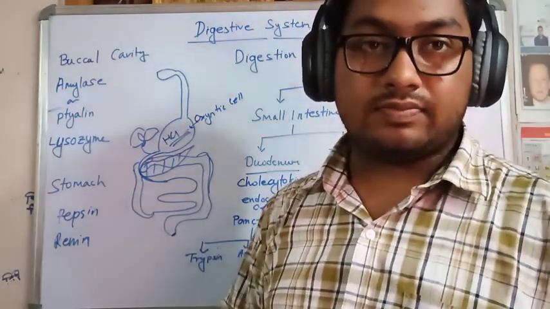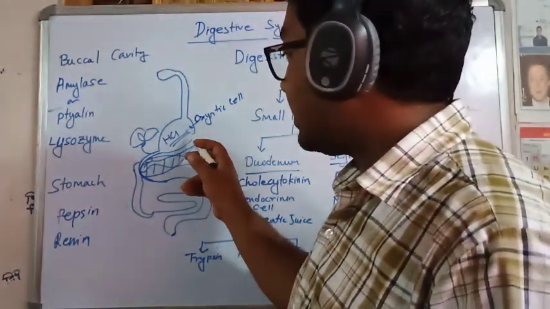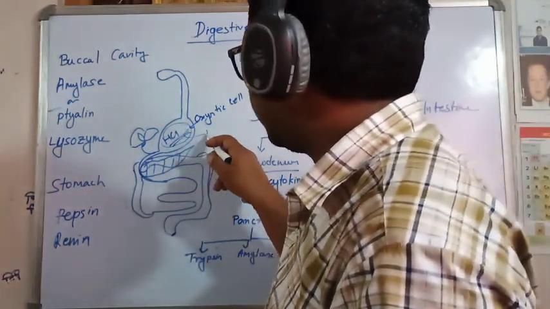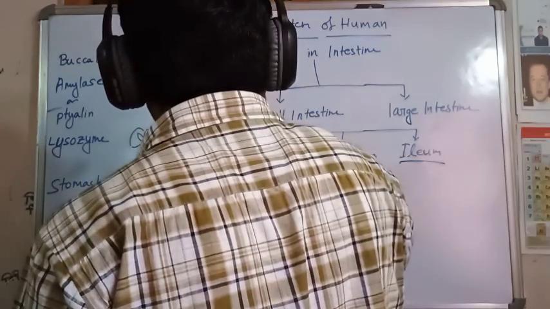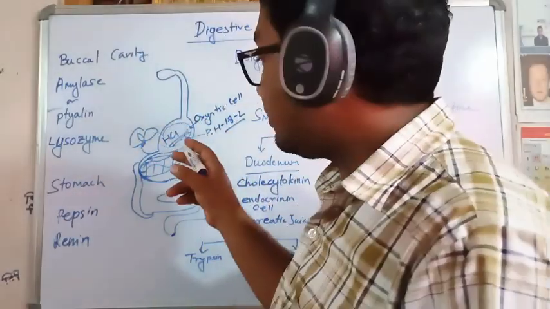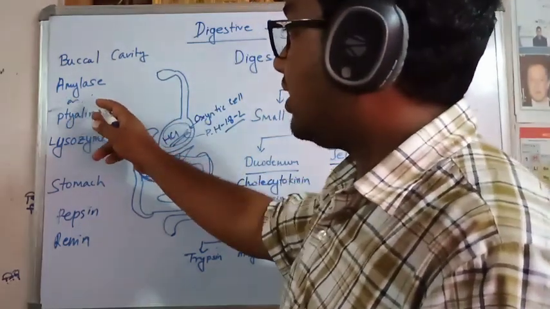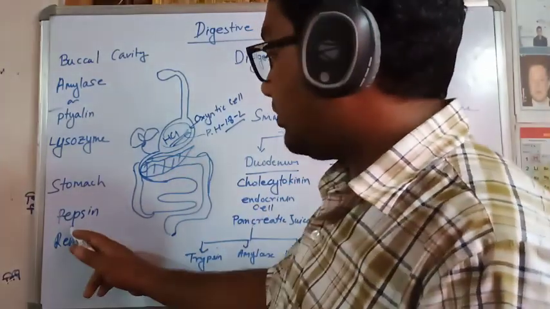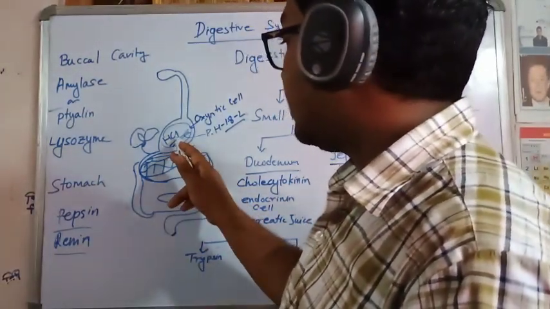This cell releases HCl, and HCl makes the medium acidic; its pH is about 1.8 to 2. Because of this acidic medium, the action of amylase is stopped here in the food, and the pepsin and renin enzymes are released in the stomach.